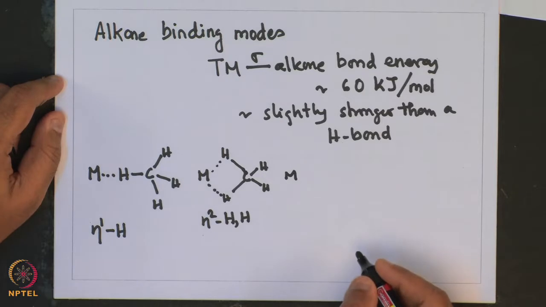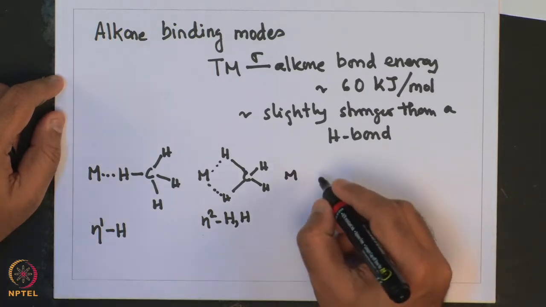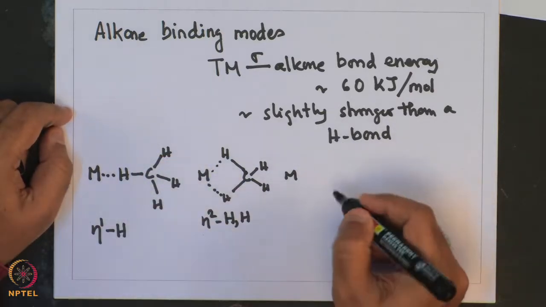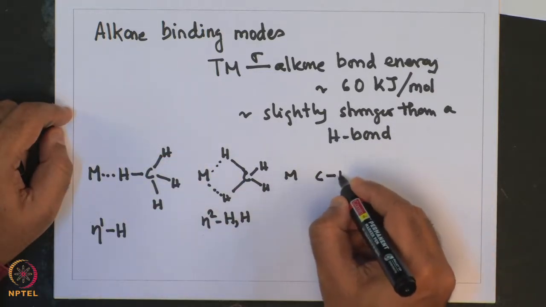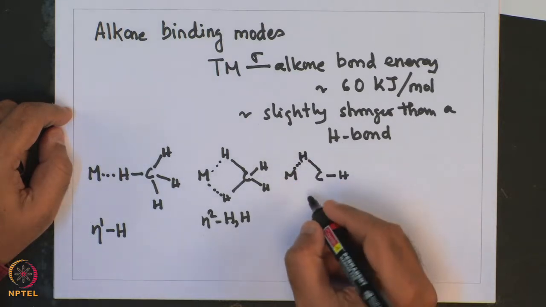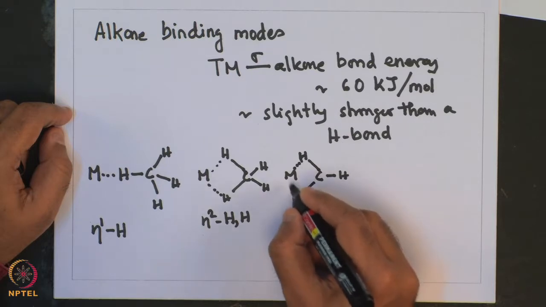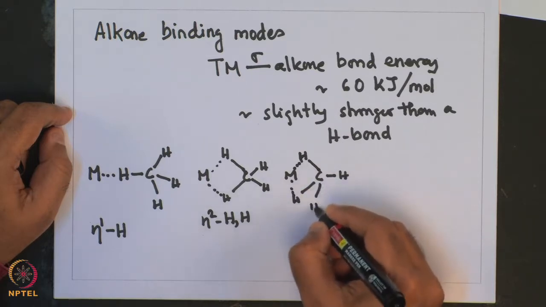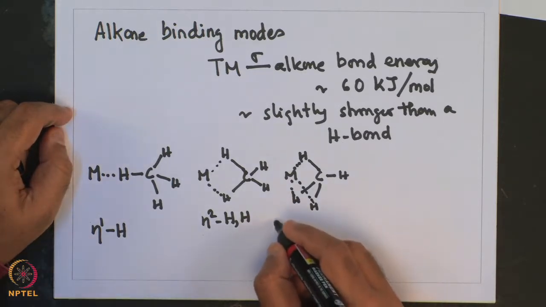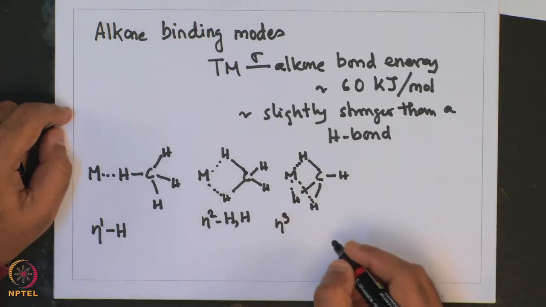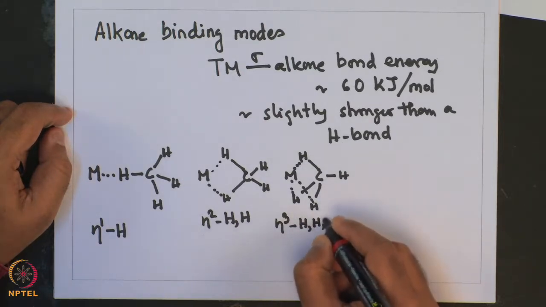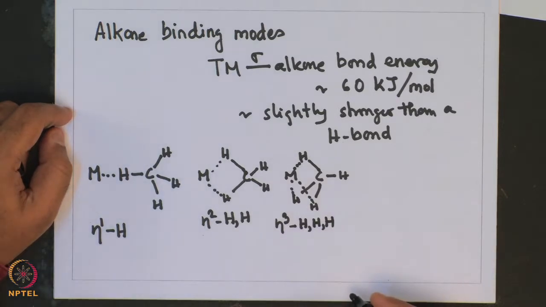The metal can also interact with 3 different hydrogens of the alkane, so this molecule is just flipped over, and this is represented as eta 3 H H H type of binding.